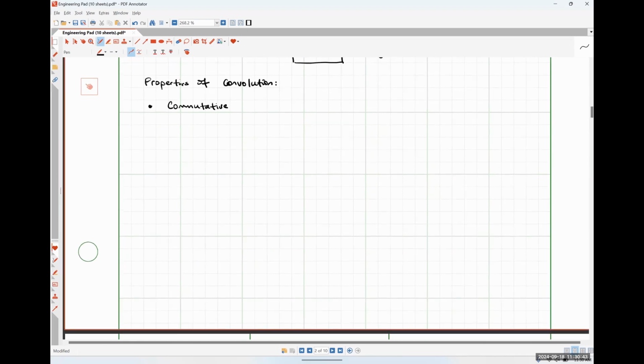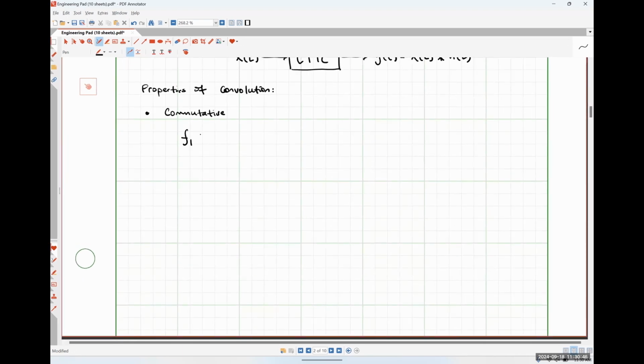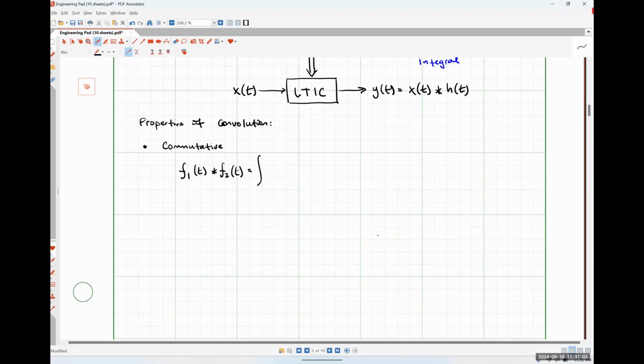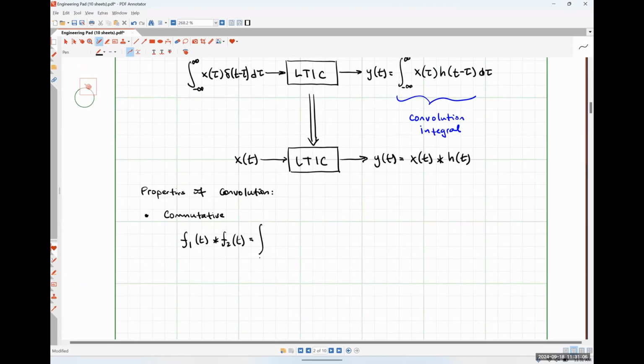What that means is that f1 convolved with f2, actually let me use it as a function of time here, is going to be equal to, based on the definition of convolution that we have right up here, the integral from negative infinity to positive infinity of f1 of tau times f2 of t minus tau d tau.